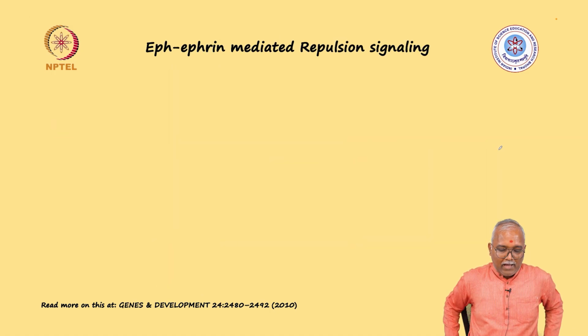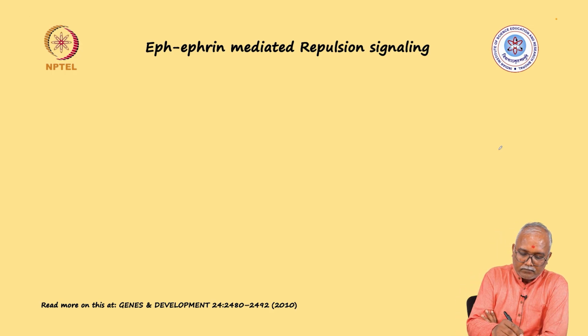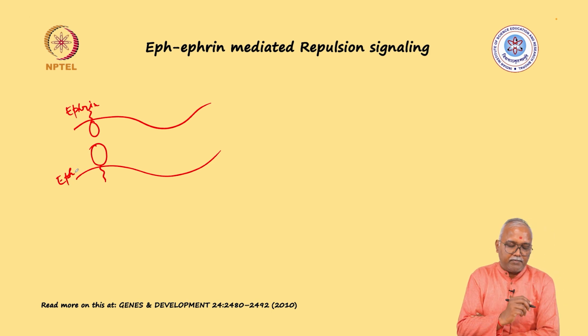Now, what exactly happens in the repulsive signaling? As I said, here take a scenario where you have cells. This is expressing Ephrin, and you have the other cell which is expressing EPH.